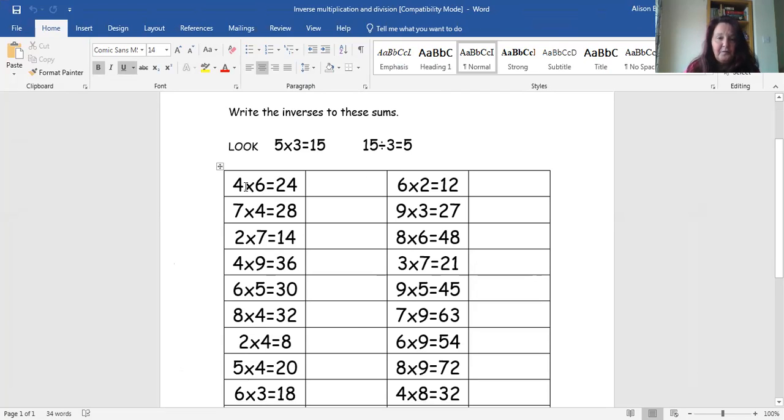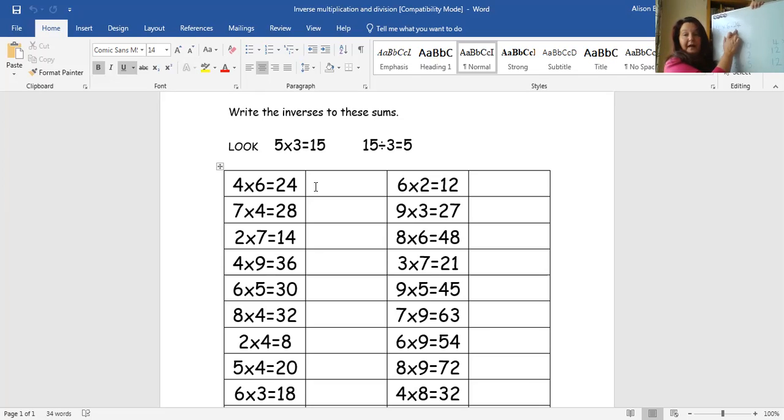So here I've got 4 times 6 equals 24. So if I get my board, I can show you the first one. I've already got 4 times 6 equals 24.